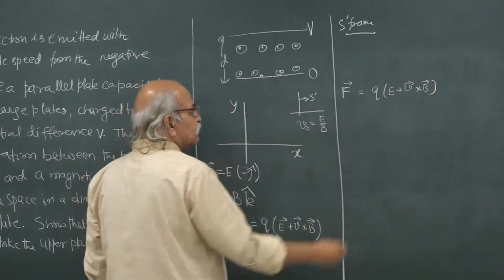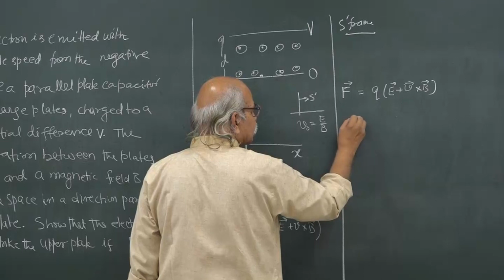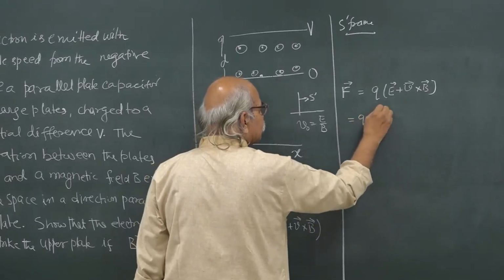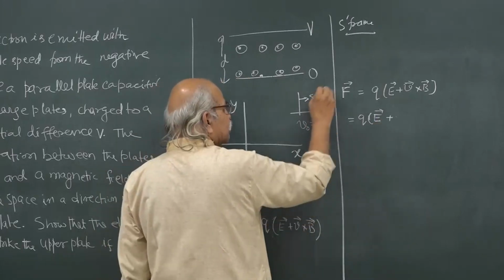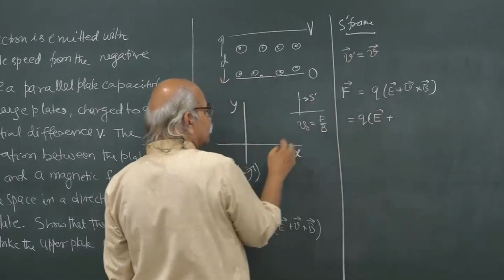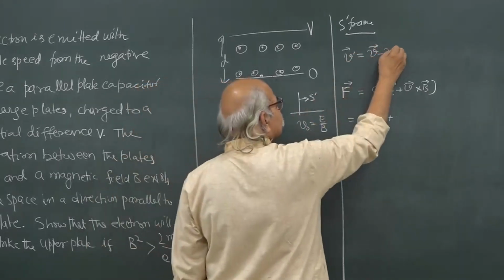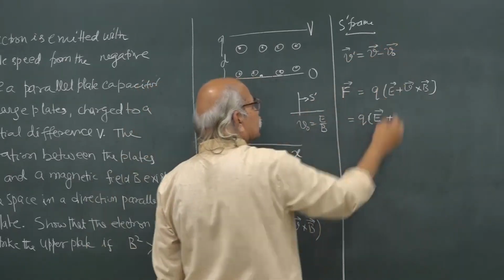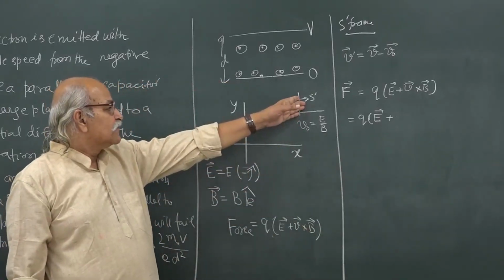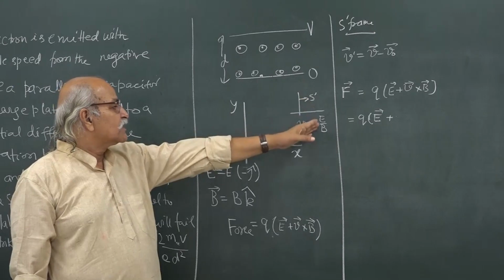Then this velocity can be written as V prime. This V prime in this frame will be V in the original frame minus V naught. So, from this frame, if I am seeing the velocity, then you have to subtract this velocity V naught.